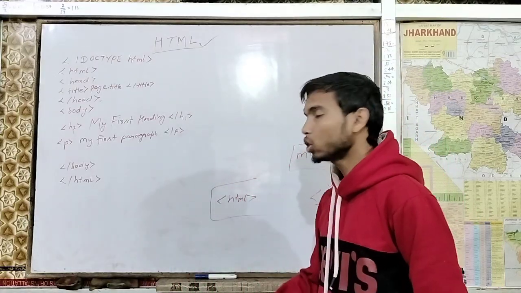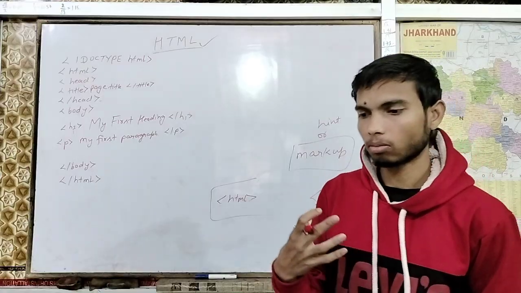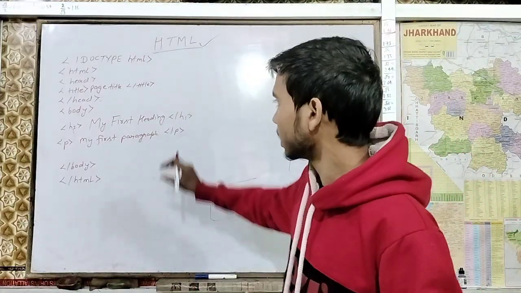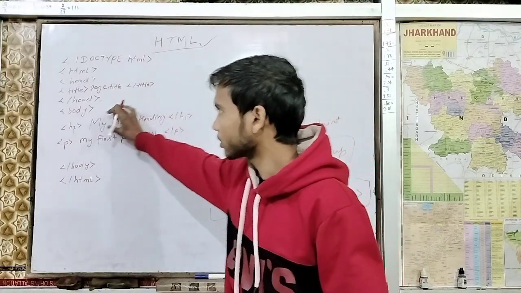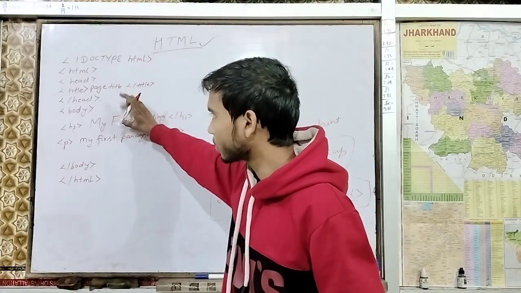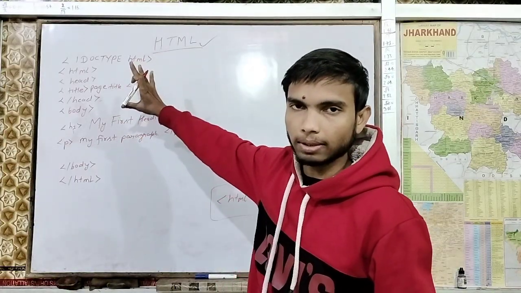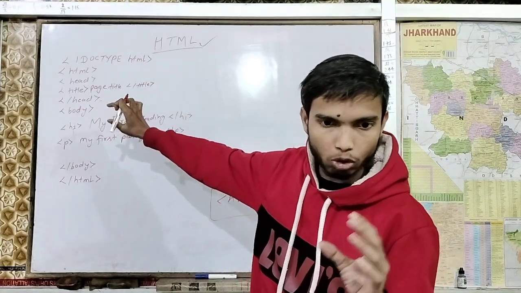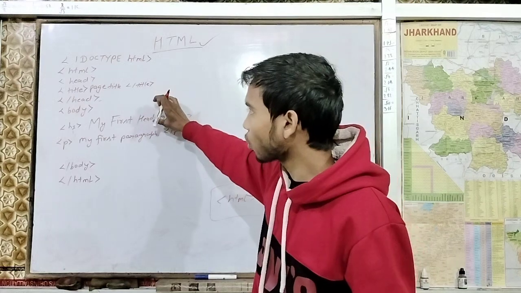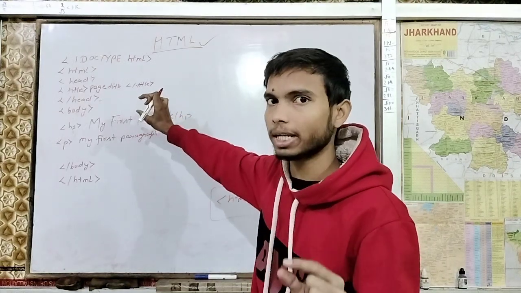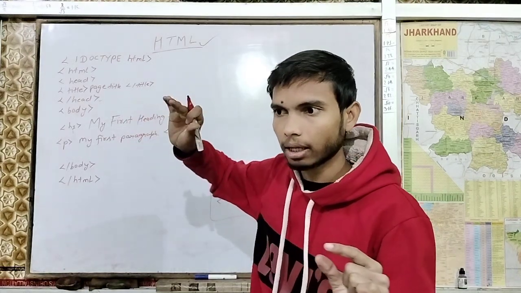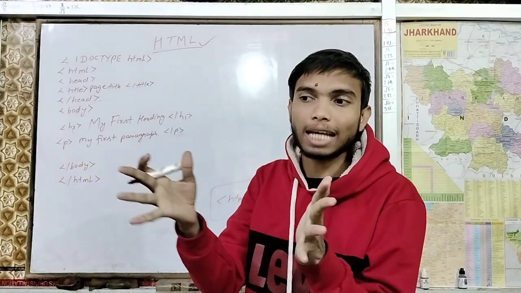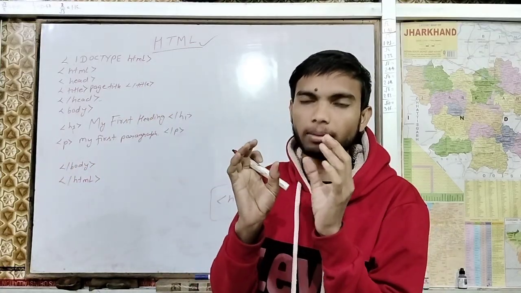Look, h1 will be a bigger font size. This is a font, this is a letter. So the size of this will be more when we apply h1. But when we apply h6, the size of the font will be very small. Let's say you applied h3, then of course the size of the font will be medium.